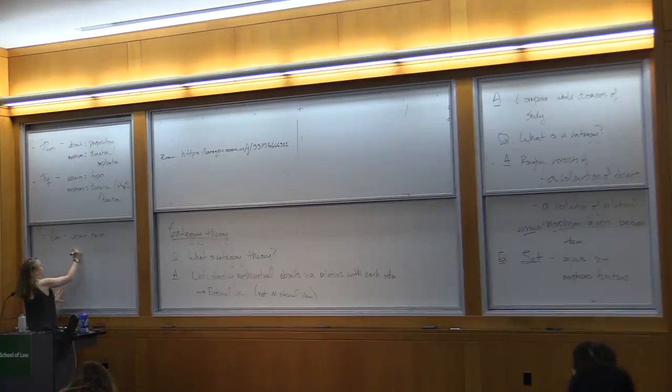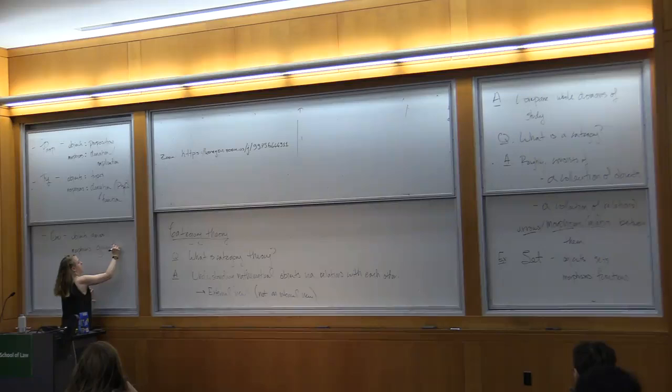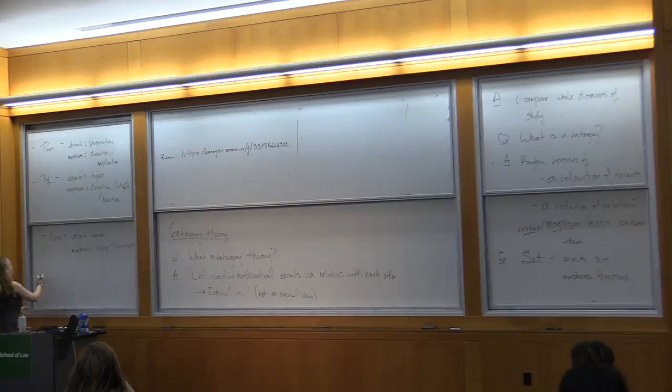The morphisms are group homomorphisms, so the natural thing like a function but for groups. And we also have Top, which consists of topological spaces as the objects, and continuous functions as the morphisms.